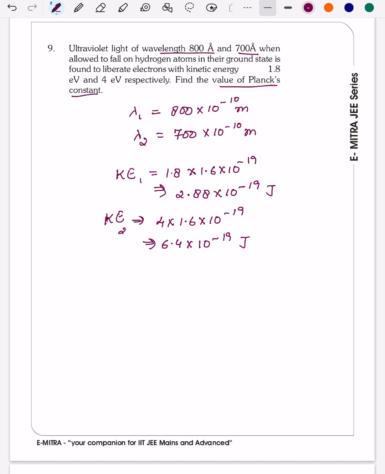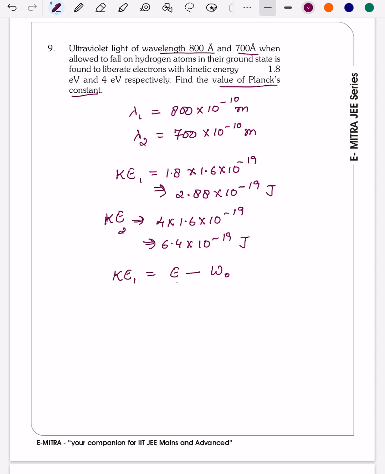So let's frame two equations. We know that kinetic energy is equal to the energy that we are providing to the photon minus the threshold energy. That much energy is converted into the kinetic energy, right?